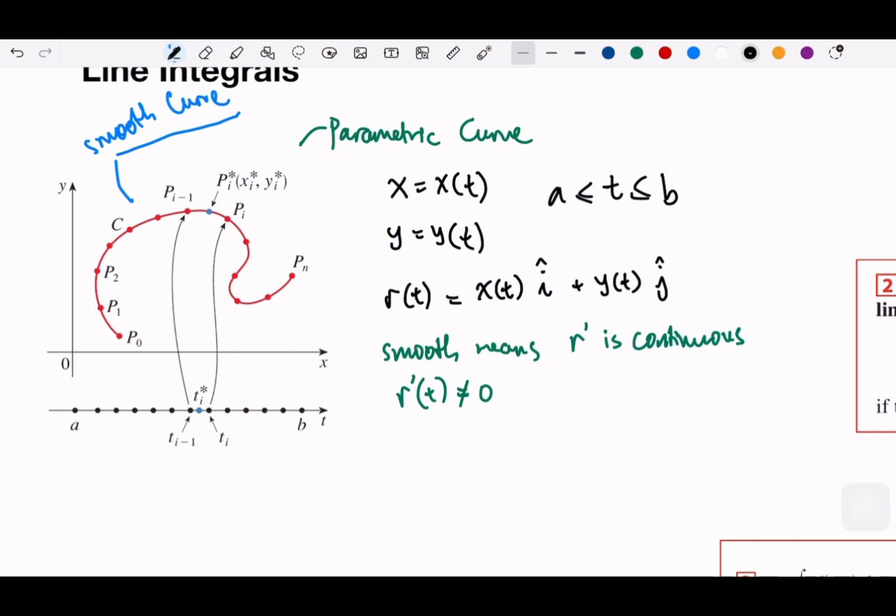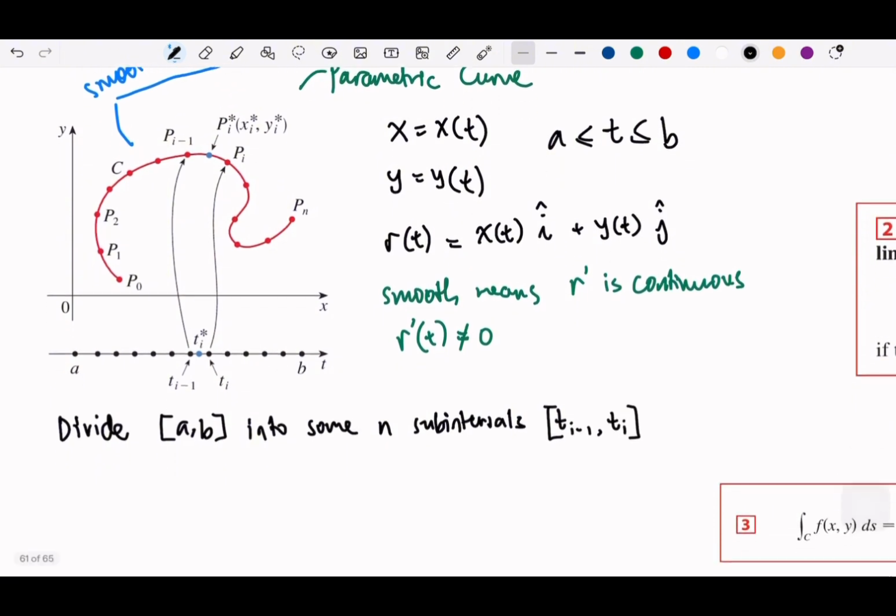So divide the interval into n subintervals. This is just like how we prove and define the integral. So we split and then we slice and then becomes very, very small parts.